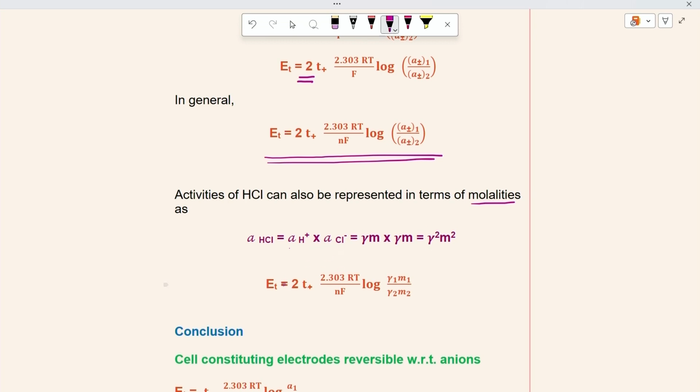Substituting that, Et with transference is equal to, since the square term comes over here and I am going to take it at the beginning just as we have done for the mean ionic activities, 2t+ 2.303 RT by nF log gamma1 m1 divided by gamma2 m2. Again, we have the 2t+ over here.